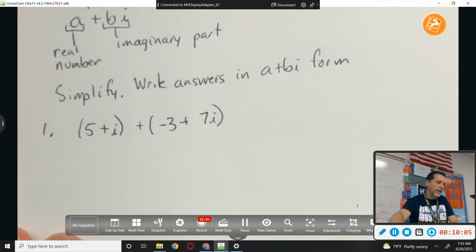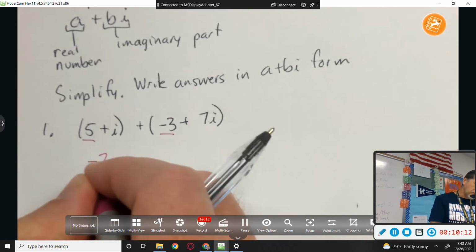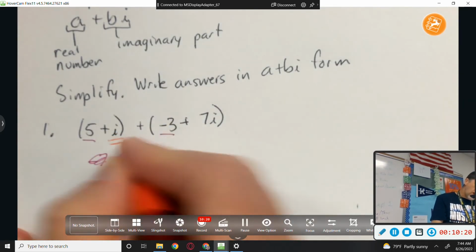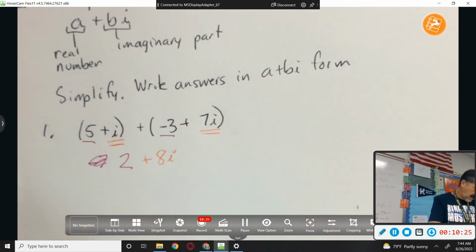So I can add the real parts. 5 minus 3 is... whoops, not -2, +2. And then i plus 7i would be 8i. Pretty simple.